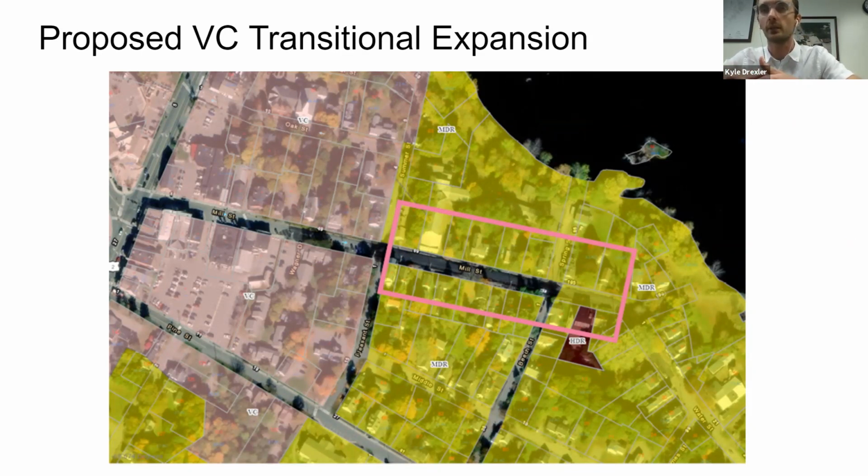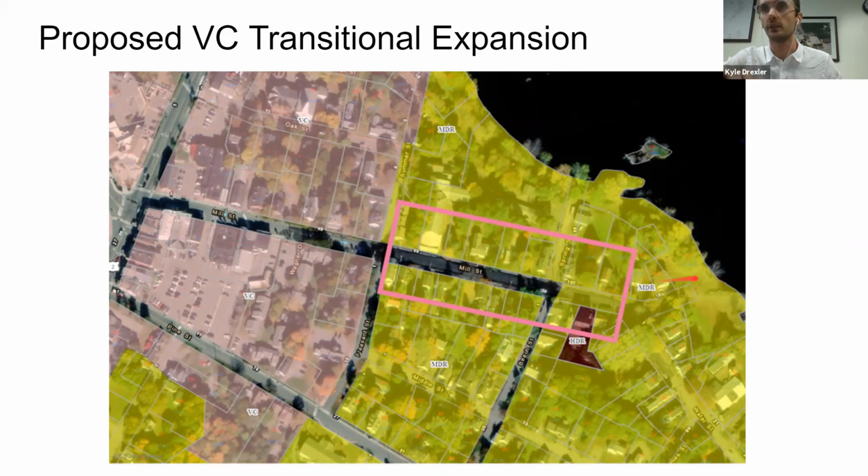It would allow certain commercial uses, smaller scale commercial uses, whereas the MDR doesn't allow any commercial uses. But it wouldn't allow some of the more intensive commercial uses that are allowed in the village commercial, like gas stations or auto repair or banks or certain things like that that you wouldn't want as you got more into a residential feel.